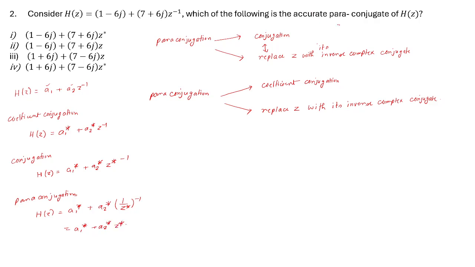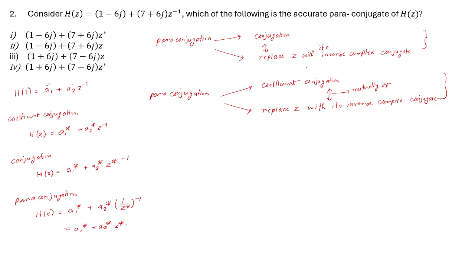So you see, rather than this way of understanding paraconjugation, this would be a better thing, because these two are mutually separate operations. There is slight overlap between this conjugation and conjugation. We also replace z by z star, which represents the complex conjugate of z.